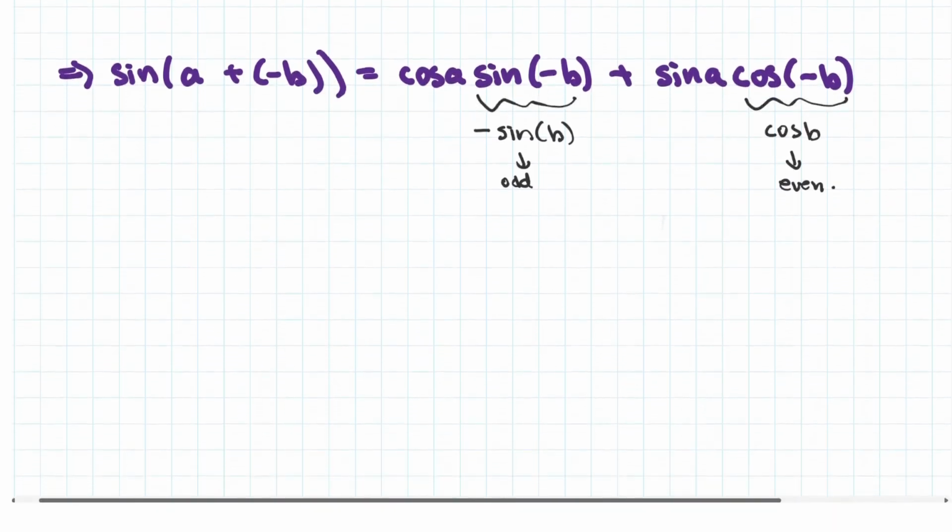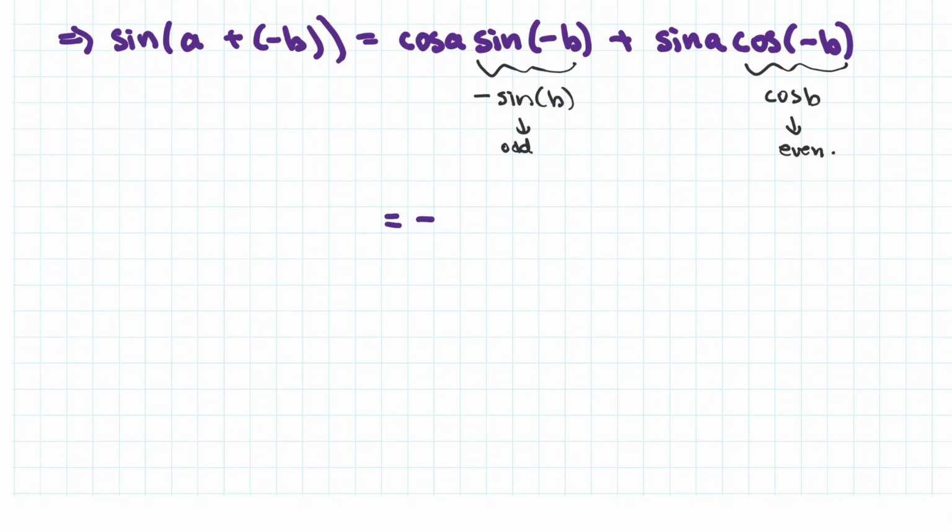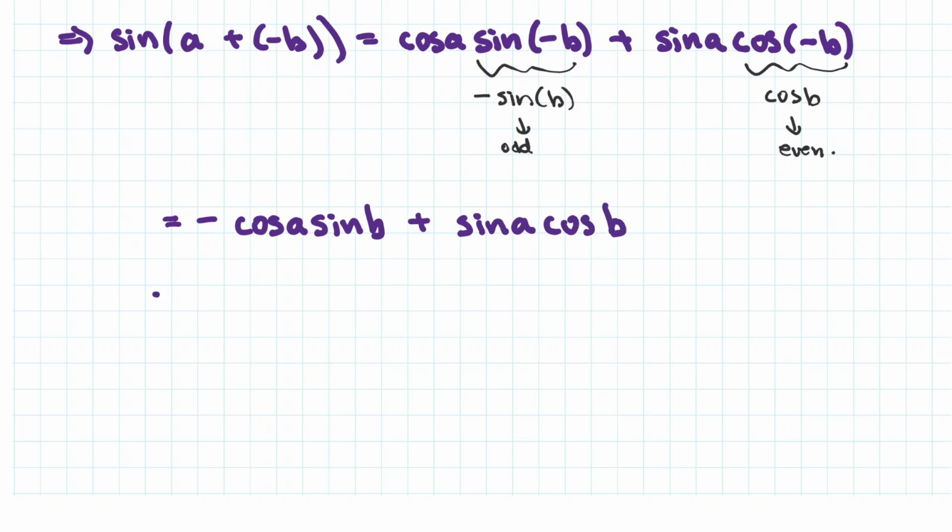So now let's simplify this so that we can derive the full identity. We're going to bring the negative to the front. So we got negative cos A sine B, and then we simply have plus sine A cos B, and now let's rewrite it so that the negative is in the center.